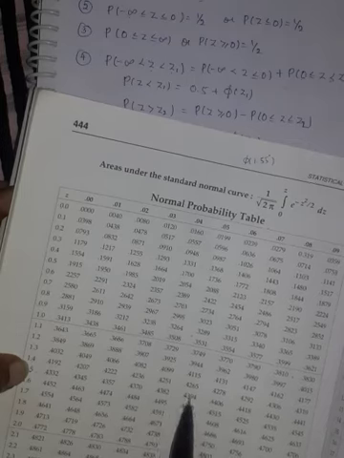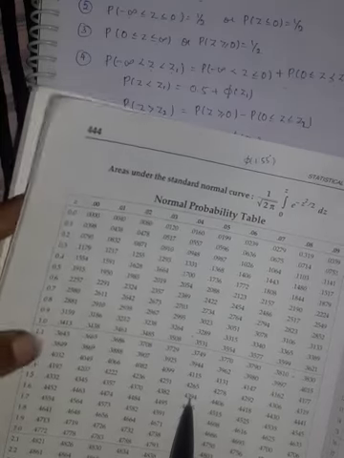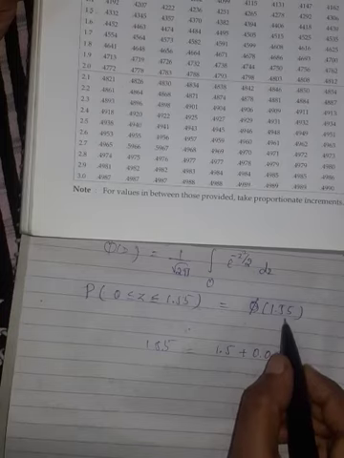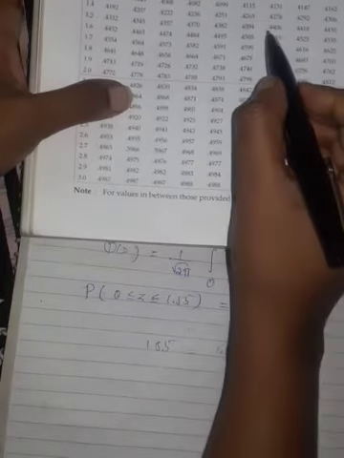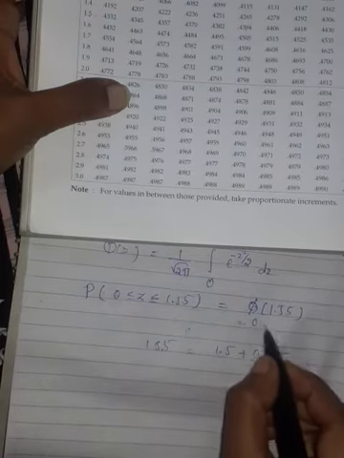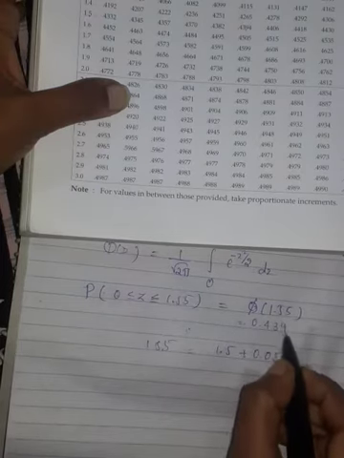This is 0.4394. So phi of 1.55 is 0.4394.